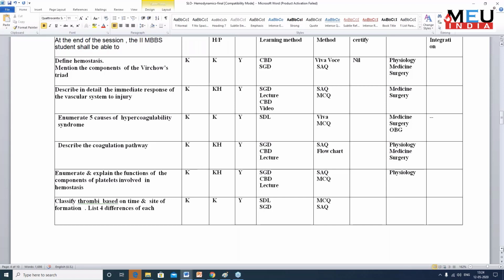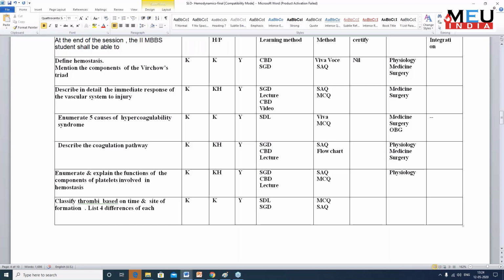Though the student may not go in depth about hypercoagulability syndrome in the second phase itself, knowing the components is important as it has clinical relevance with respect to OBG and surgery, especially postpartum thrombosis and post-surgery thrombosis. I have included these as case-based discussion in my case-based discussion PowerPoint. Hopefully we'll be able to attempt that also if time permits.